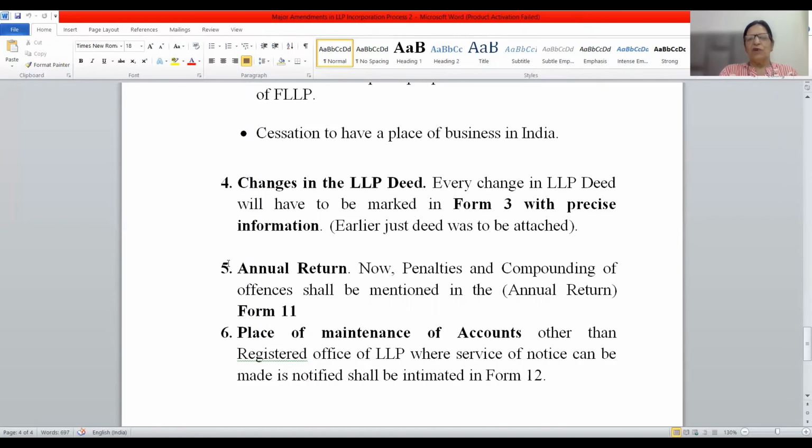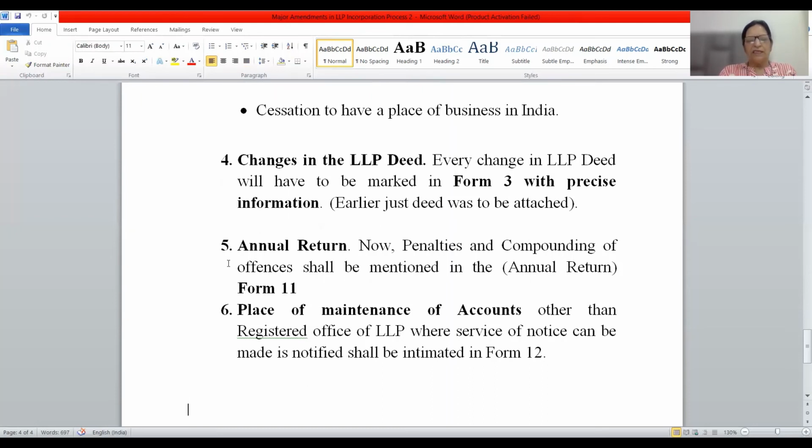But now all the changes will be marked in form number 3 with precise information. Next one is annual return. Now penalties and compounding of offences shall be mentioned in the annual return, which is always prepared in form number 11. This is also a new point introduced in this amendment of 2022.